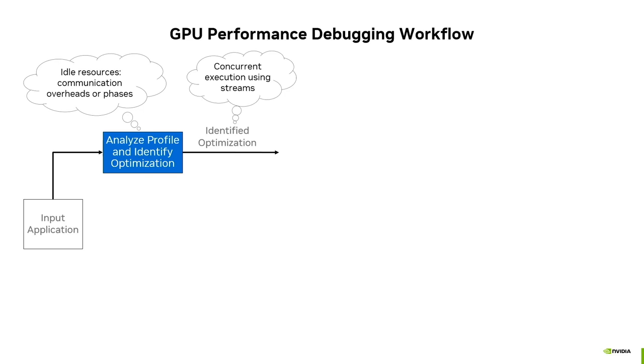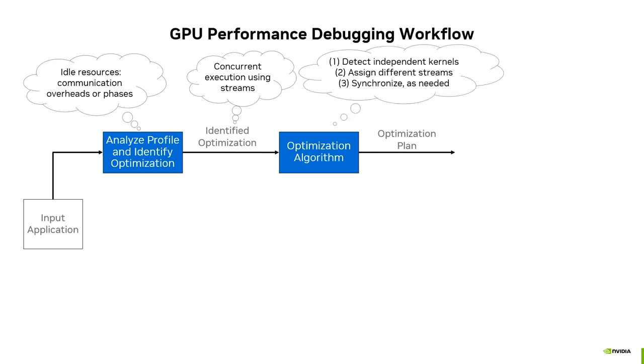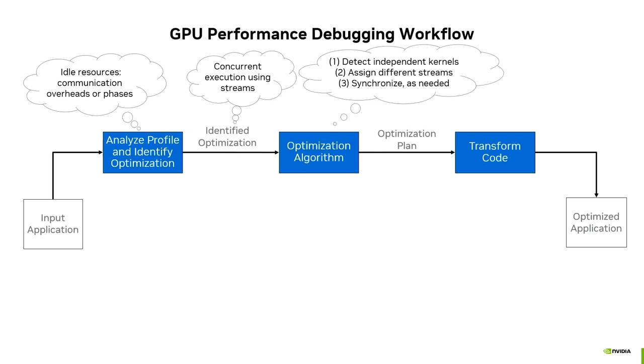Let's say you found that there are some idle resources, and you think concurrent execution of a few kernels may help relieve that. At that point, the next step any human would apply is to come up with an optimization plan, which would include detecting where the independent kernels are, and co-locating them can help optimize the workload. And we will apply the transformation to the code, and that's where we get to our optimized code.